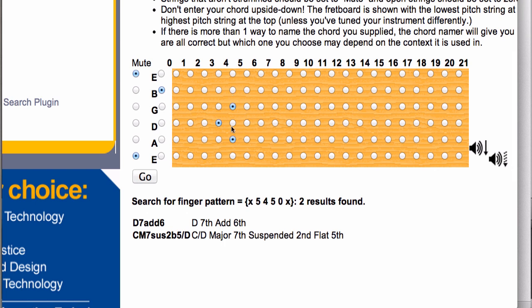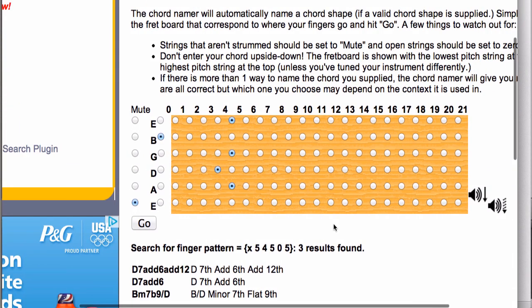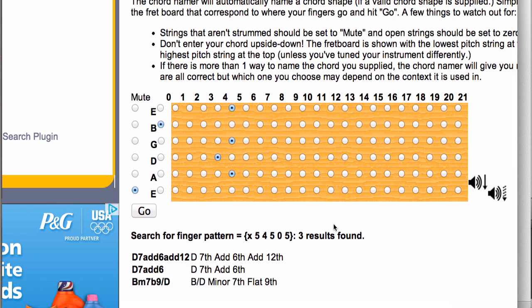Let's see what happens. So the 5 of D is A. So I'm just going to add it up here because this note is A, because I can't fit it over here with this shape. Let's see. That's really weird. That should have given us a 13 chord.